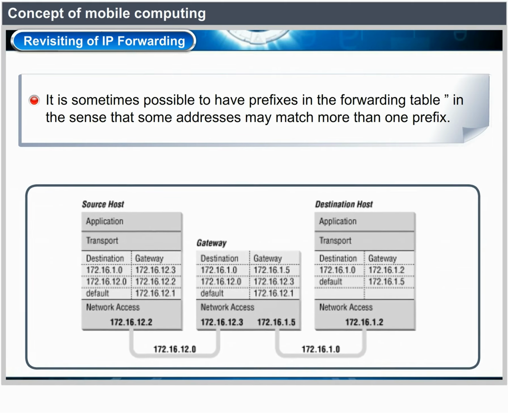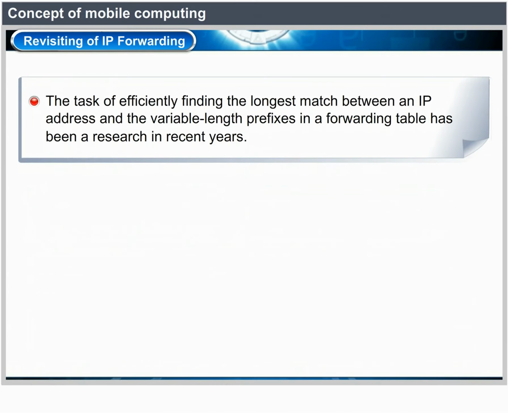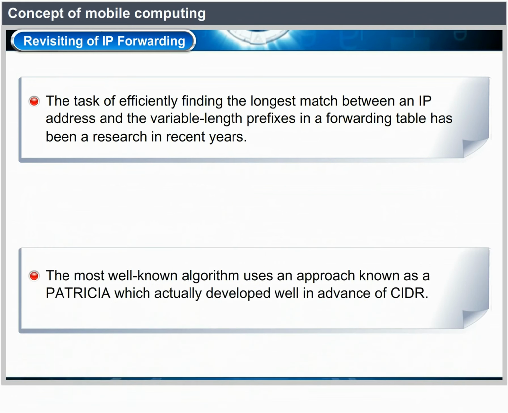The task of finding the longest match between an IP address and the variable length prefixes in a forwarding table has been a subject of research in recent years. The most well-known algorithm uses an approach known as a Patricia tree, which was actually developed well in advance of CIDR.